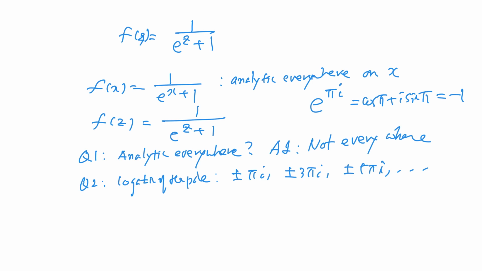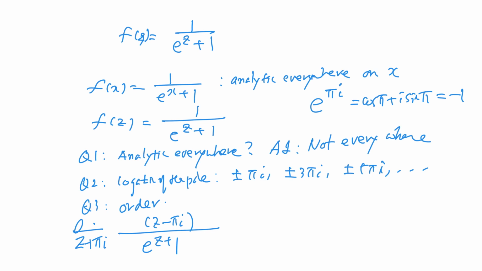So we determine the location of the pole. So what is the order? Let's check. This limit is also the same as the previous one because both numerator and denominator go to 0 when z becomes pi i.